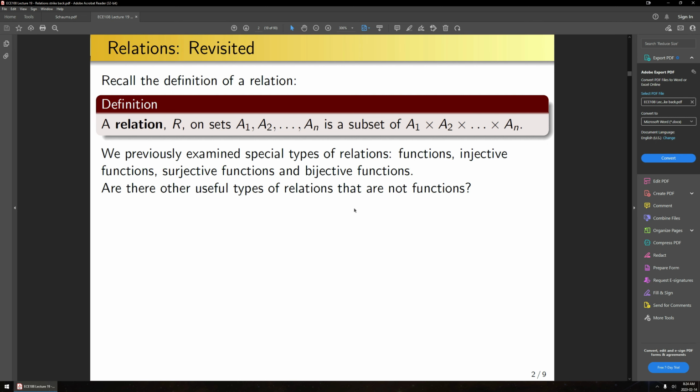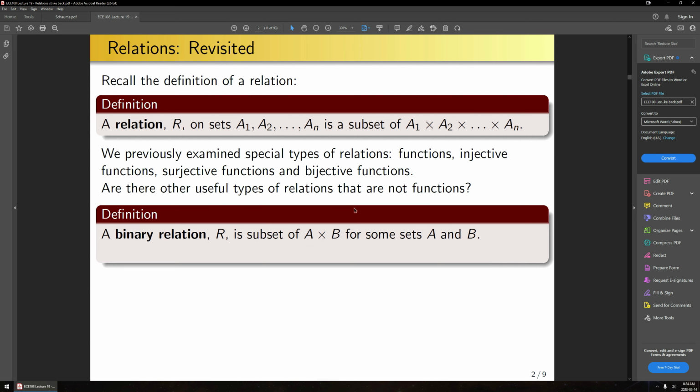Our focus on relations will be binary relations. Again, binary means two. So we have the cross product of two sets here, A and B. There are things you can do with other relations like trinary relations, etc. But for the purpose of this class, we're going to just focus on the binary ones, and we'll do a deep dive in classifying binary relations in some classic ways, right?